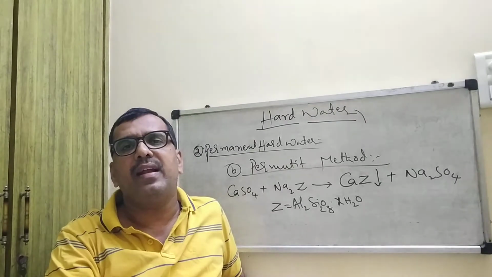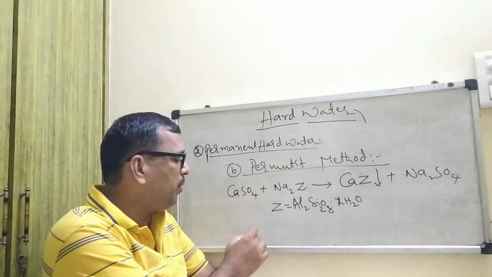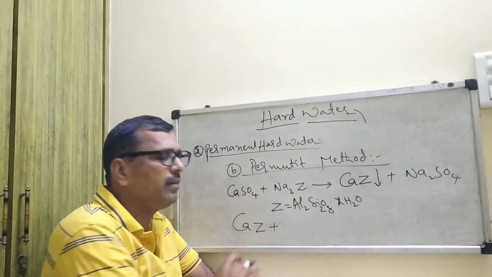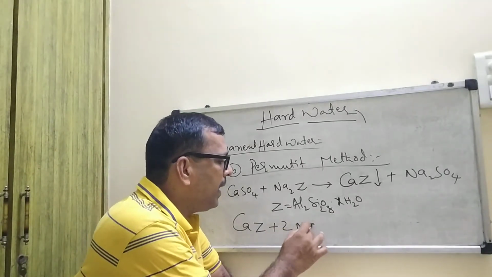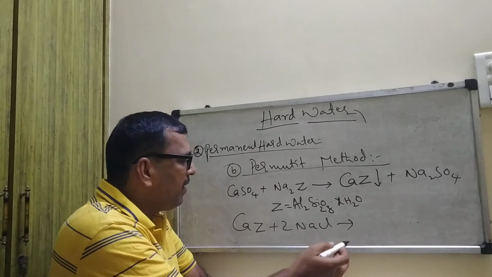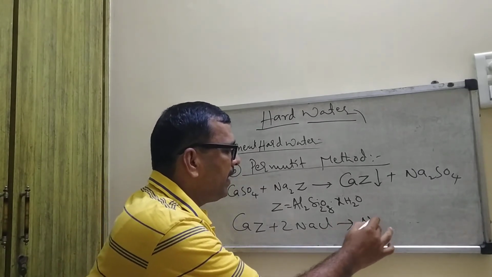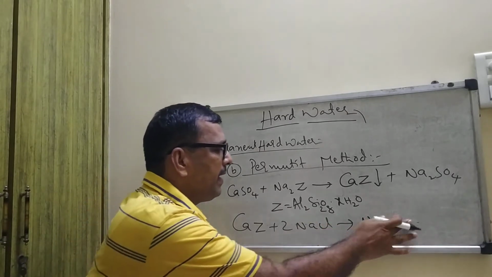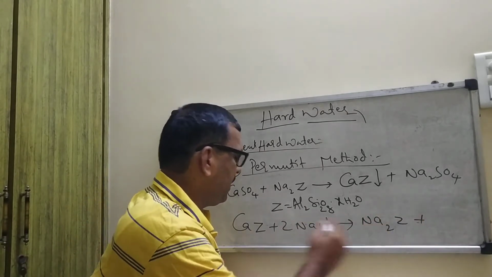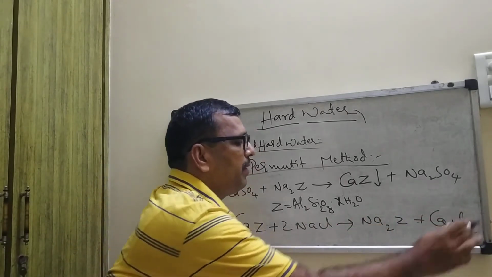Next, how to reconvert? Suppose you take calcium zeolite. By the addition of sodium chloride, sodium zeolite Na2Z is formed again, and calcium chloride is formed.